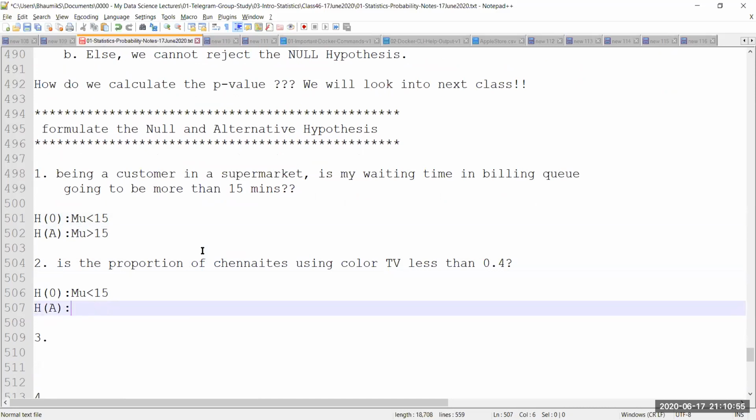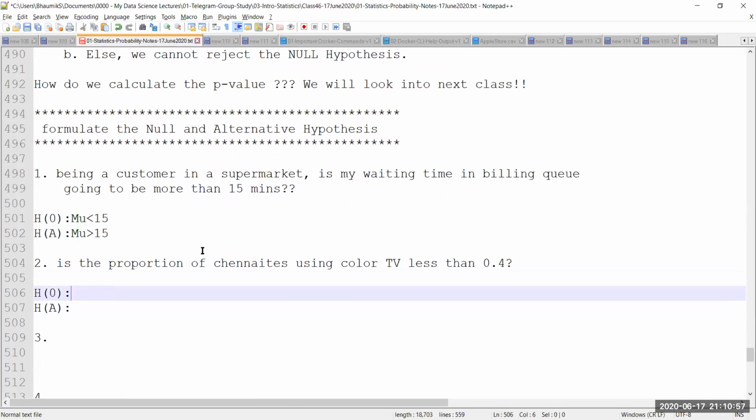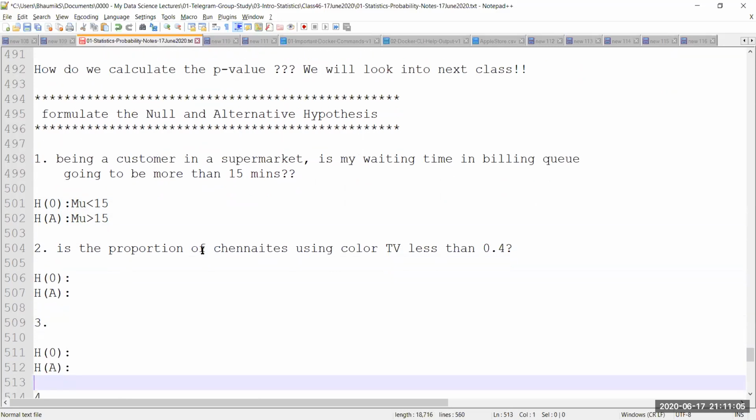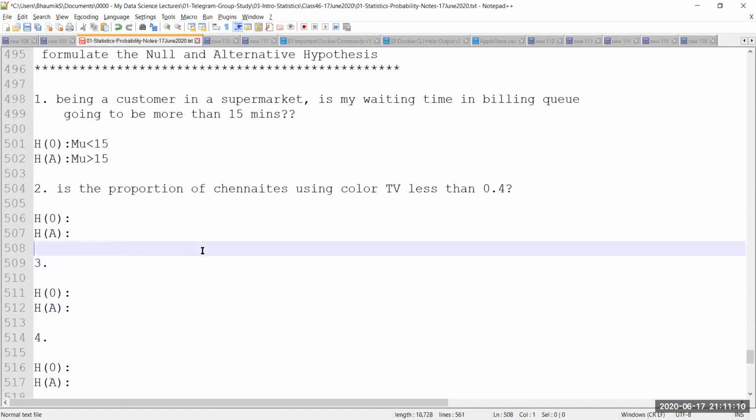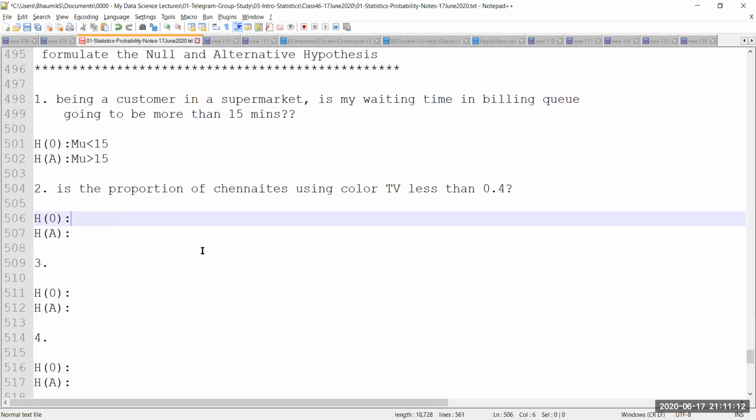So in this case, how are you going to define the problem? Mu less than 0.4.